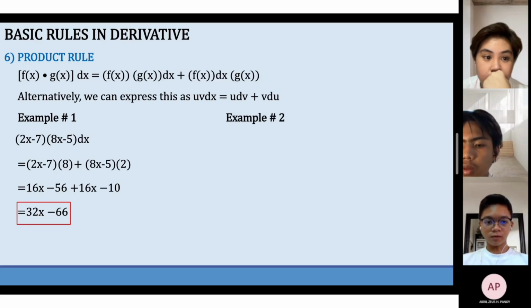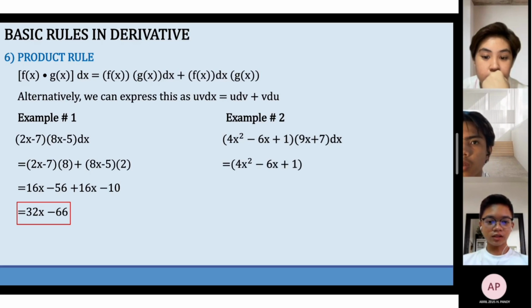For the second example, the derivative of the quantity 4x squared minus 6x plus 1 times the quantity 9x plus 7 dx. First thing you're going to do again, copy the first term, then times the derivative of the second term, plus copy the second function, 9x plus 7, times the derivative of the first function, 8x minus 6.